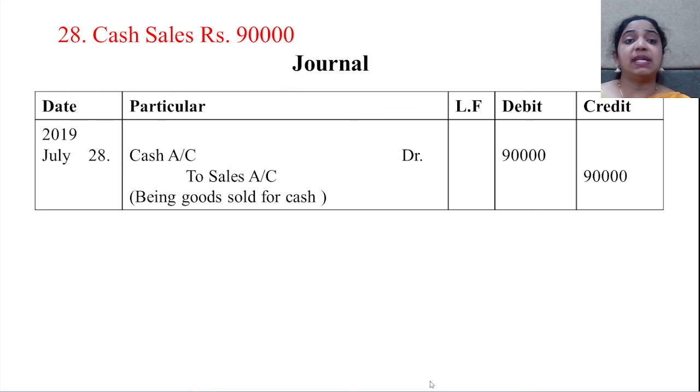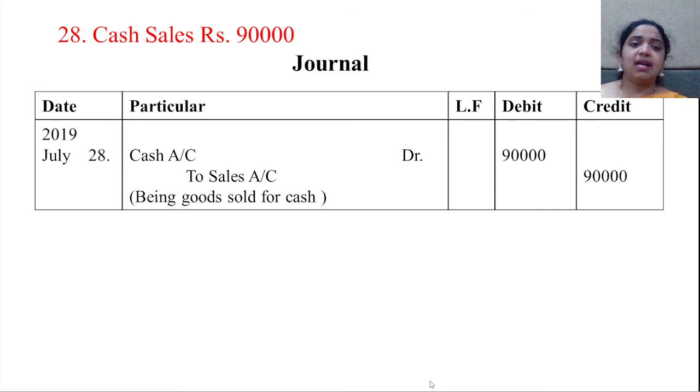Okay, so that was the transaction dated 25. Next transaction is 28. On the 28th date, it is said cash sales rupees 90,000. Remember, I told you earlier, when you sell something, what comes in? Cash comes in, and sale is an income. Sale is always credited because it is an income. As you know the golden rules of accountancy, related to personal, real and nominal, nominal accounts say debit all expenses and losses, credit all incomes and gains.